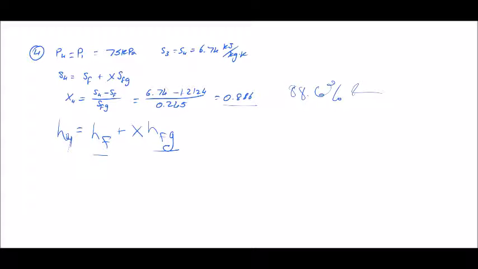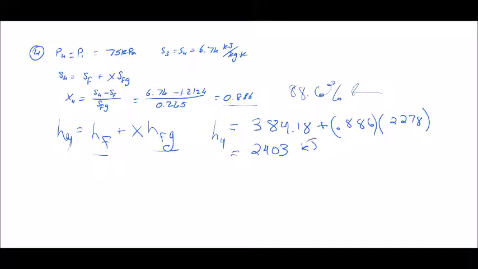And so we'll just put them right into that equation and find H4 based on this mixture. So it's going to equal 384.18 plus 0.886 times 2278. So altogether, H4 is going to equal 2,403 kilojoules per kilogram. Okay, consider your states fixed.